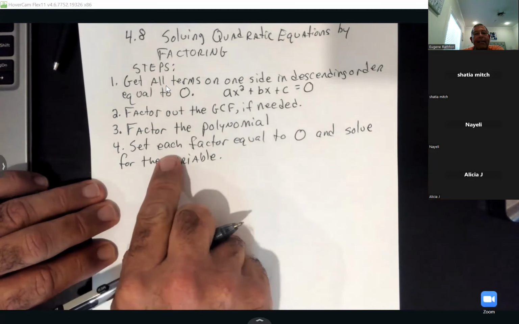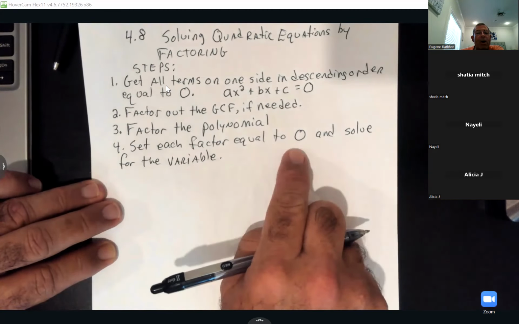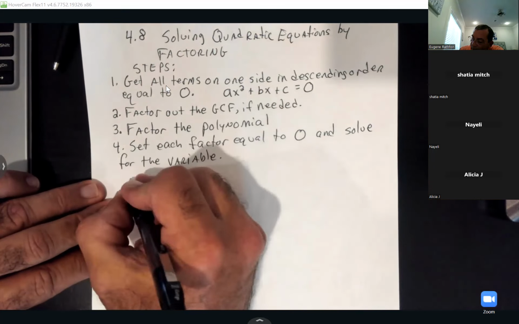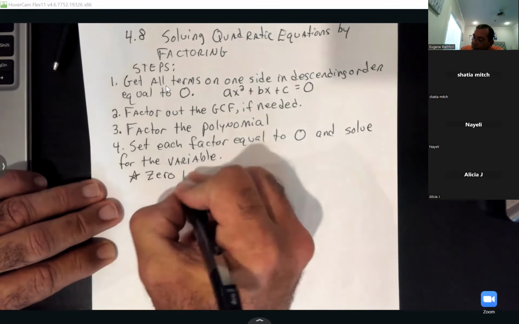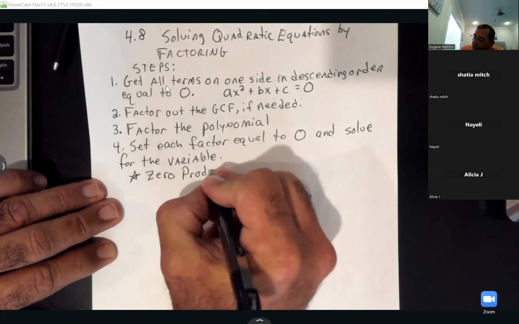Now, the reason I can set each factor equal to 0 and solve for the variable is because we're invoking what we call a zero product rule.